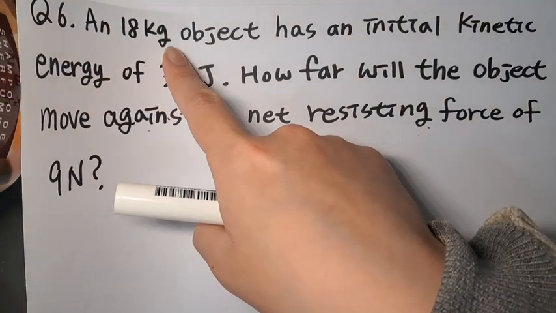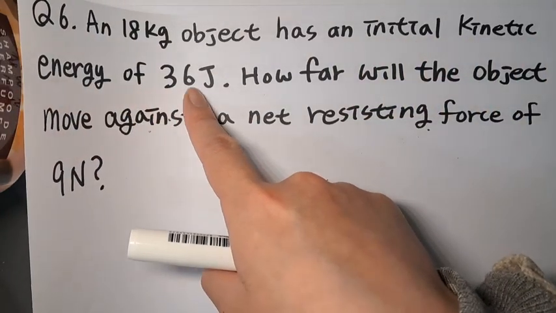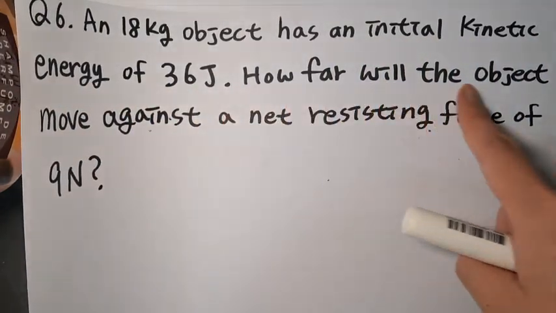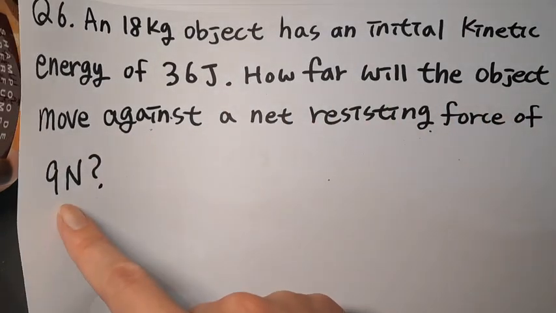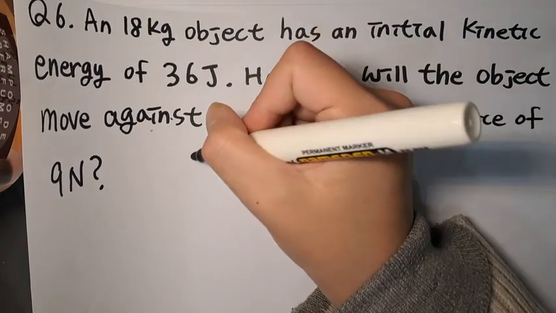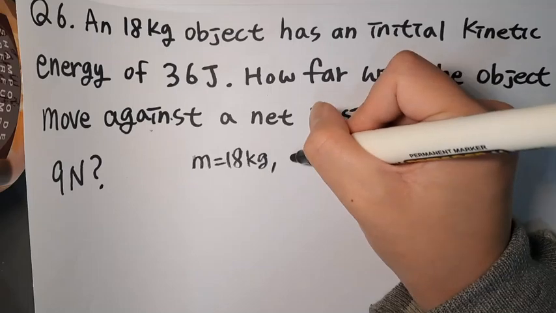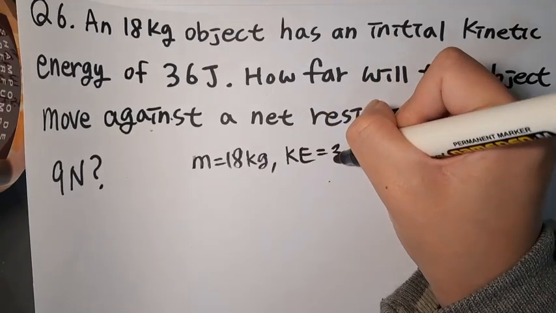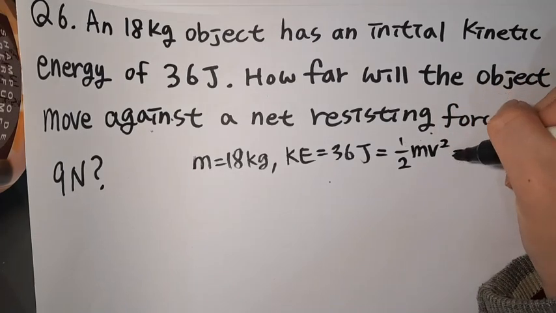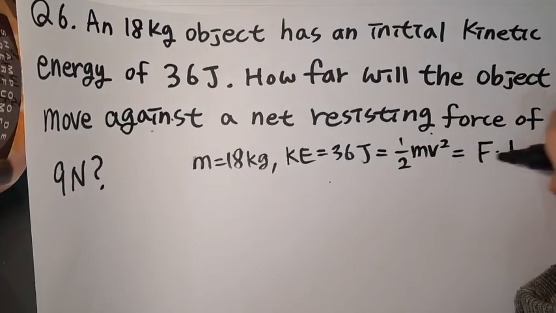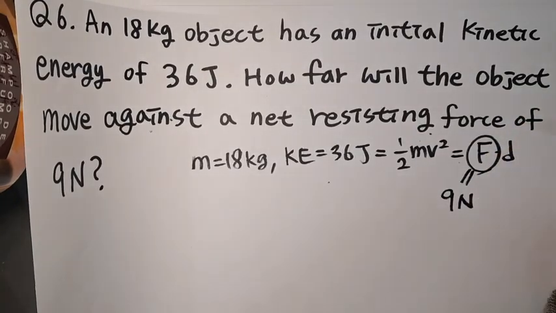An 18-kilogram object has an initial kinetic energy of 36 joules. How far will the object move against a net resisting force of 9 Newton? So we can find the kinetic energy, and the force is going to be 9 Newton.